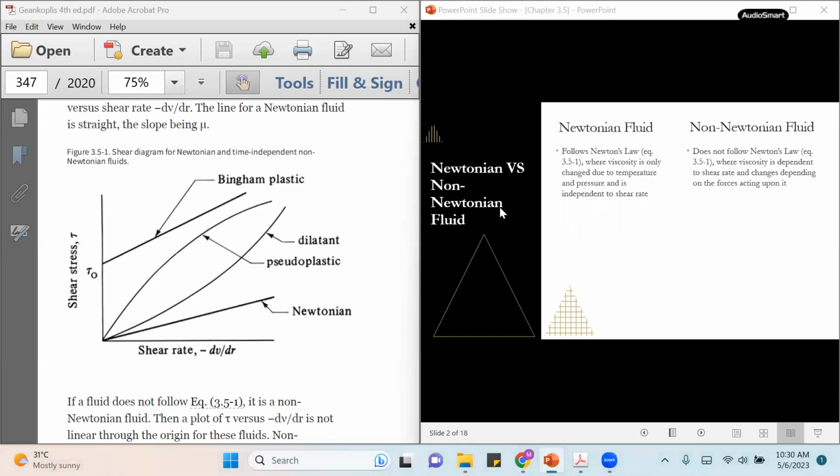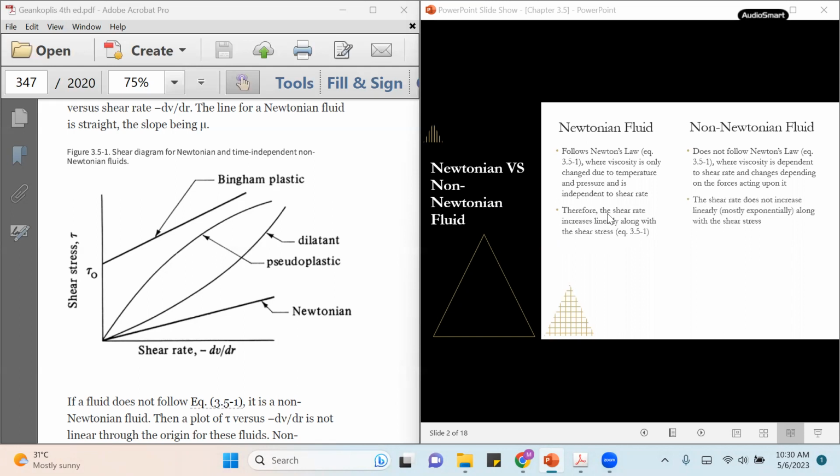While for non-Newtonian fluid, as mentioned in the title, it does not follow Newton's law. So the viscosity does not only change because of the temperature and pressure, but it also changes because of the shear rate and the force acting upon it.